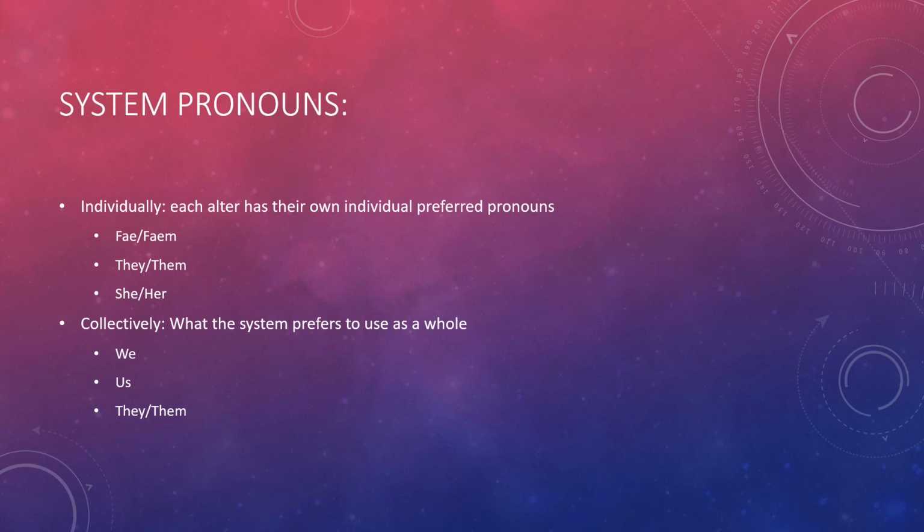Collectively, I'm not sure if this applies to other systems as well, but for us, when we refer to all of us, we obviously use we, us, they, them, and prefer when other people refer to us as they/them, because we're not just a single individual. There are multiple of us living in a single body.